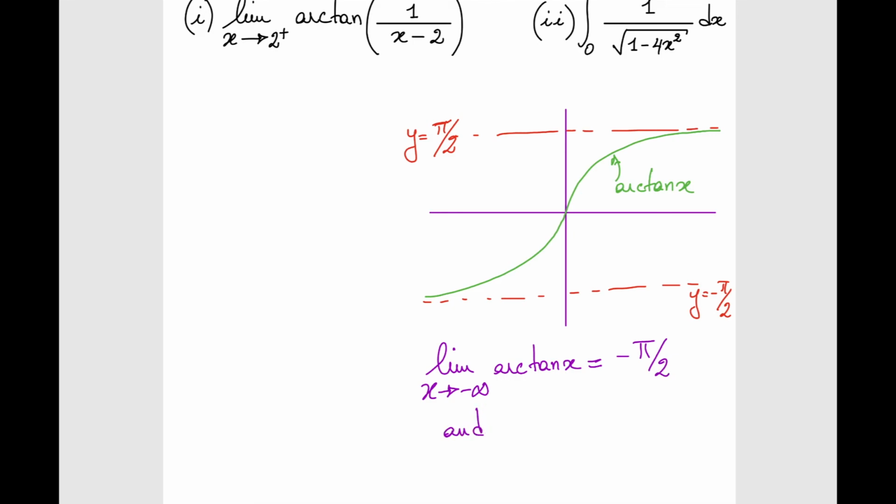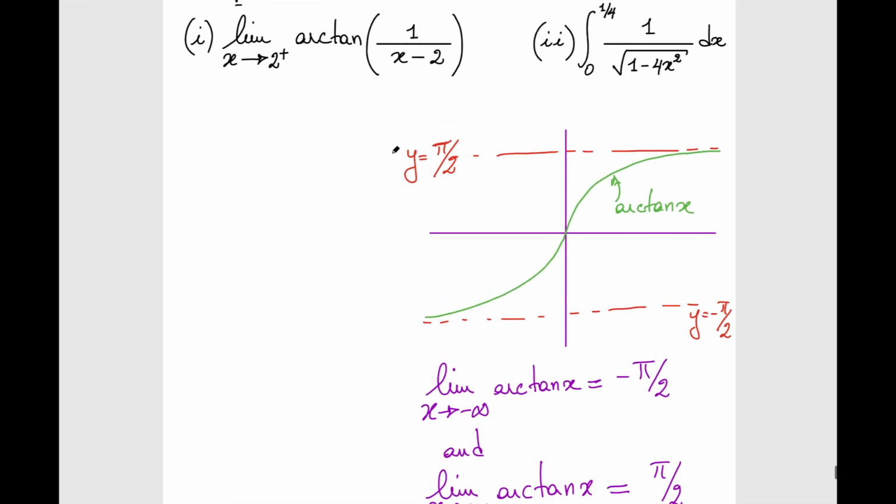And the limit as x goes to plus infinity of arctan is equal to what? If x is going to plus infinity, the function is going to the horizontal asymptote pi over 2. Correct? This discussion is going to help me now to solve this.